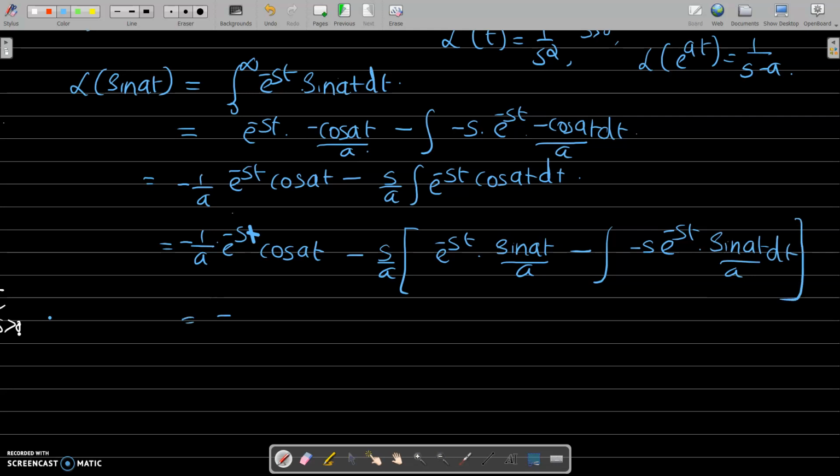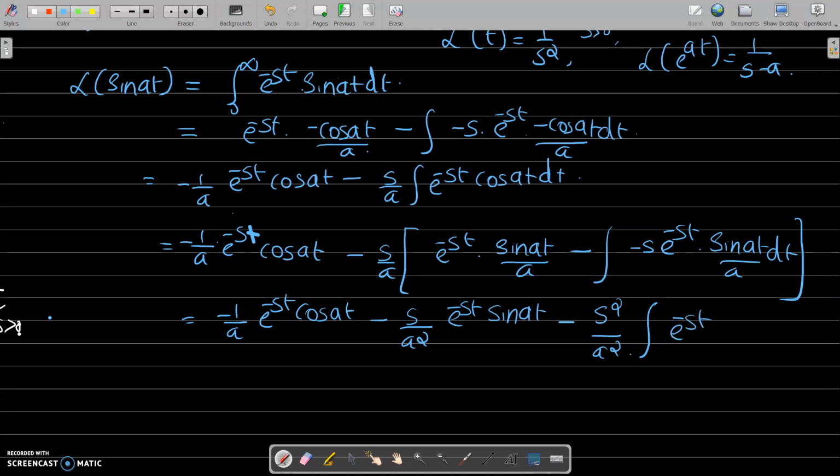So this is equal to minus 1 by a e raised to minus st into cos at minus s by a square into e raised to minus st into sin at. Then next, here it is minus plus, so again negative. So this is minus of s square divided by a square into integral of e raised to minus st into sin at dt.